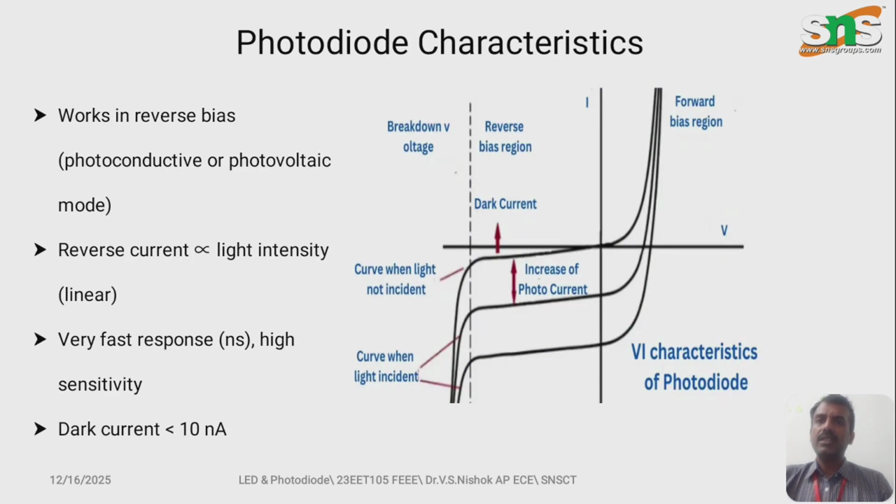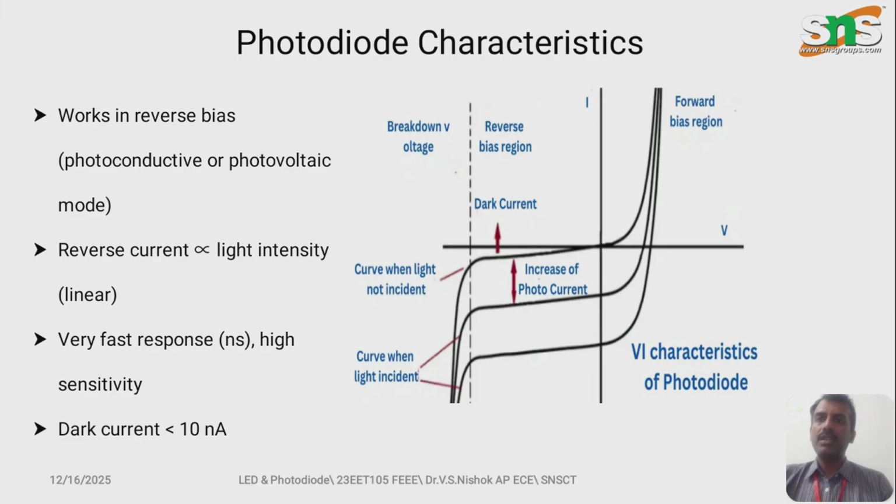So coming to the photodiode. Here the photodiode works mainly in the reverse bias condition. When the light intensity is increasing, the current flow starts to increase. If the light intensity is very less, the current is less than 10 nano amps, which is called a dark current, which may not provide much electricity.